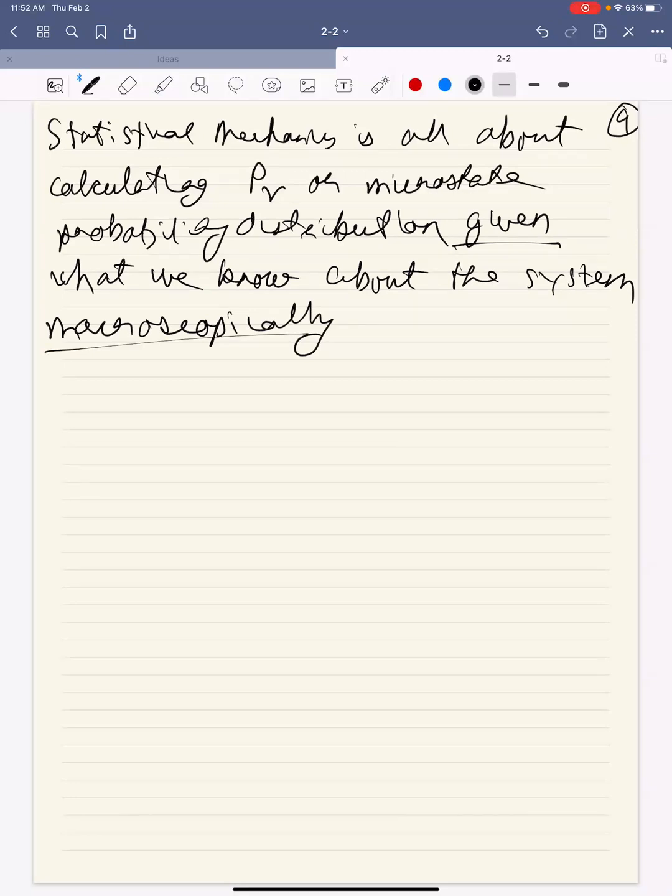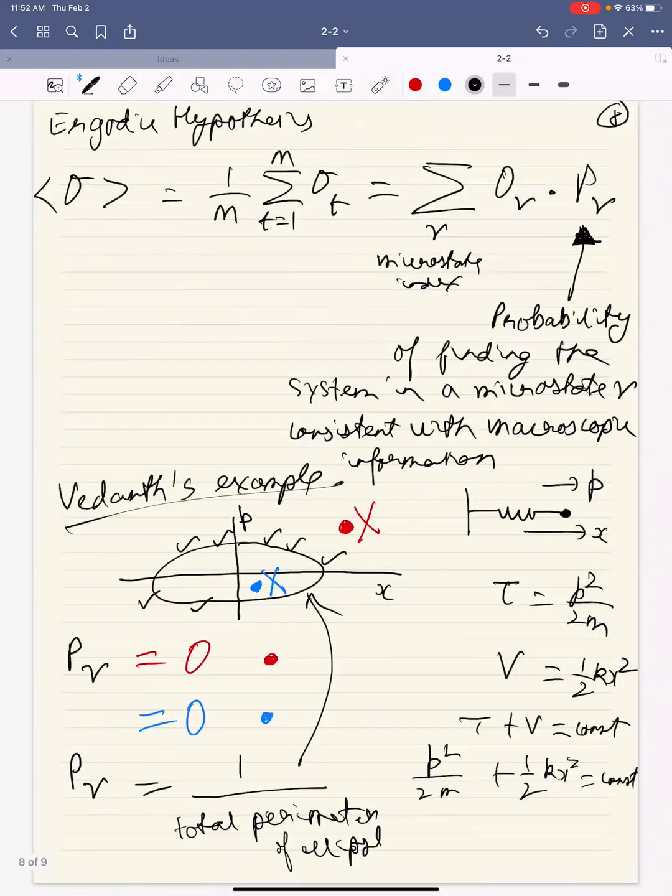You said that for the harmonic oscillator, the probability of the microstates is marked by the perimeter of the ellipse. But we know there are infinite microstates, so the total probability should come up to 1.